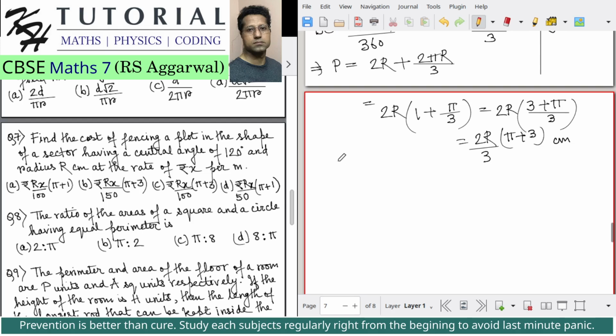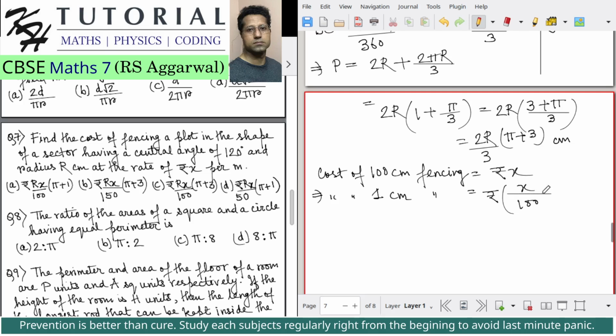So 1 meter means 100 centimeter. Cost of 100 centimeter fencing is equal to rupees X. So I am applying the unitary method. This implies the cost of 1 centimeter fencing will be equal to rupees X by 100.